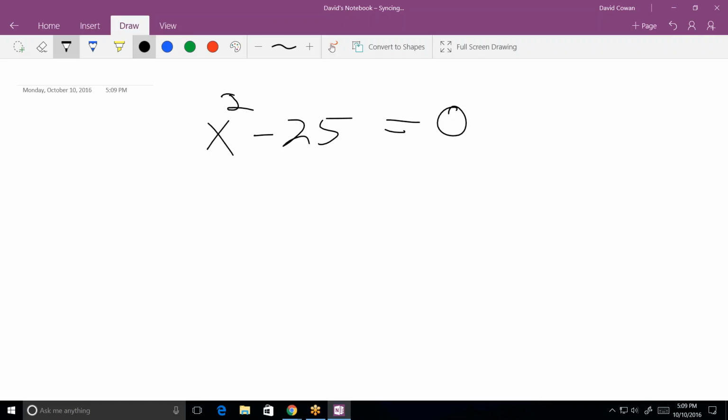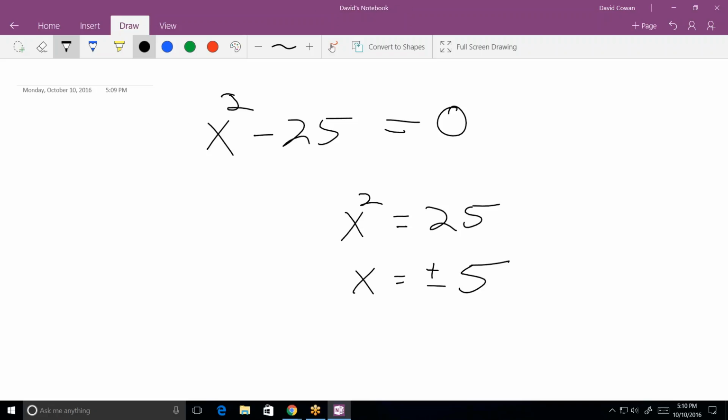Well, I could add 25 to both sides. Now what? It's the square root. x squared equals 25, so x equals plus or minus 5.